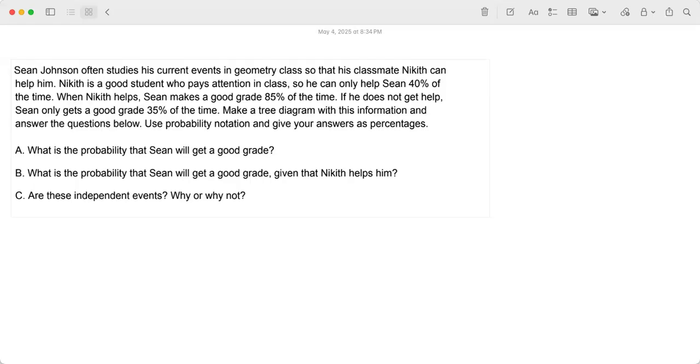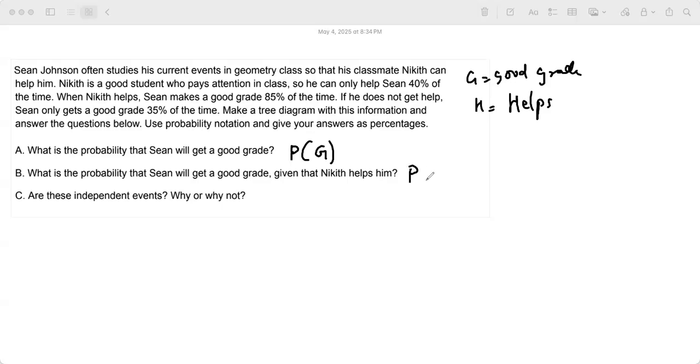What is the probability that Seen will get a good grade given that Nikit helps him? That is a pipe symbol. Okay, this one they're asking what is the probability of G? Let's say G means good grade. Then what is the other one? H means helps. If we take it like that, the first one is just asking for probability of G. The second one, what is the probability Seen will get a good grade? Will get a good grade is G, right? Yes, the same thing they're asking. But they're assuming something has occurred.